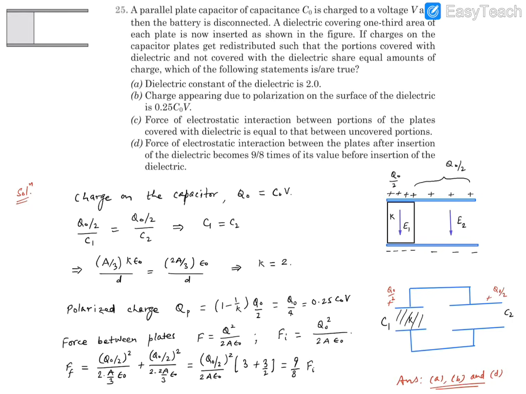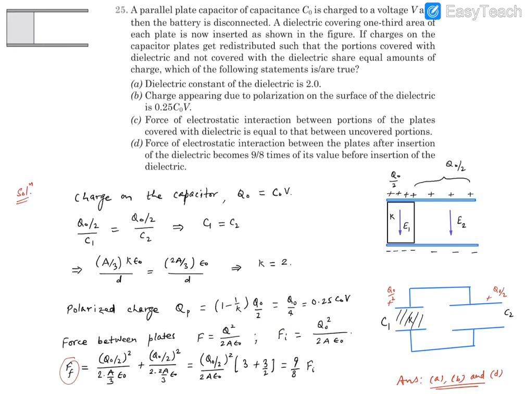What does D say? D says the force of electrostatic interaction between the plates before insertion of the dielectric and after insertion of the dielectric. So after and before the dielectric, we need to find the force. The force between the plates is given by the formula I just wrote, Q square upon twice A epsilon naught. Initially, before the dielectric was there, the force of interaction was Q naught square upon twice A epsilon naught.